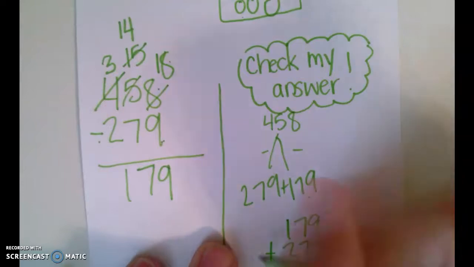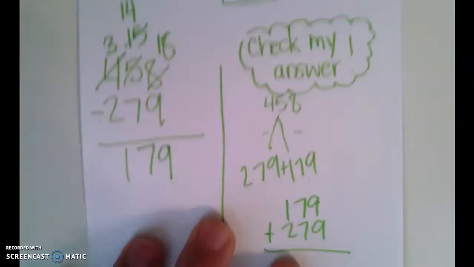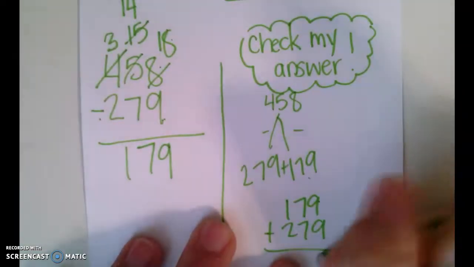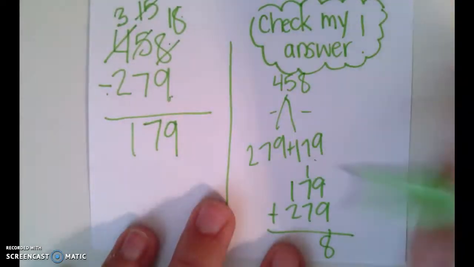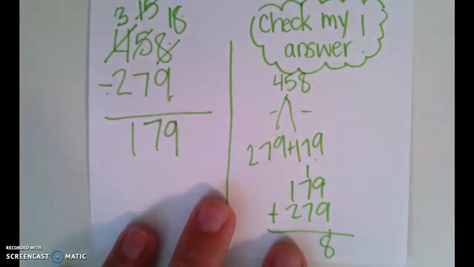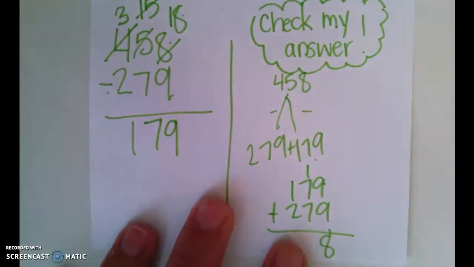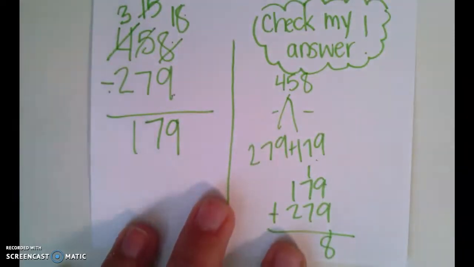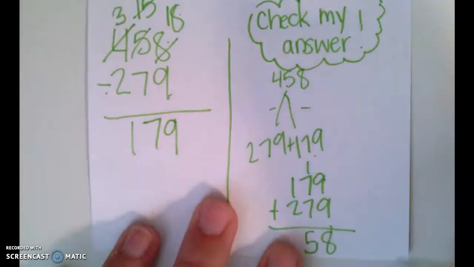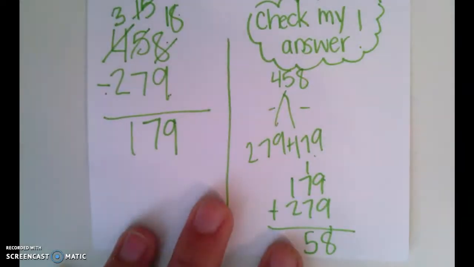What's 9 plus 9? 18. Did I make a new 10? Yes. So what's 7 tens plus 7 tens? 14 tens, plus one more 10 is 15 tens. Now, did I make a new 100? Yes.